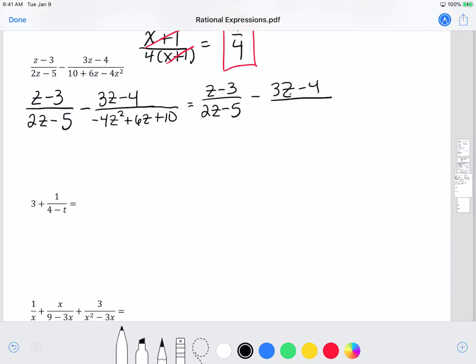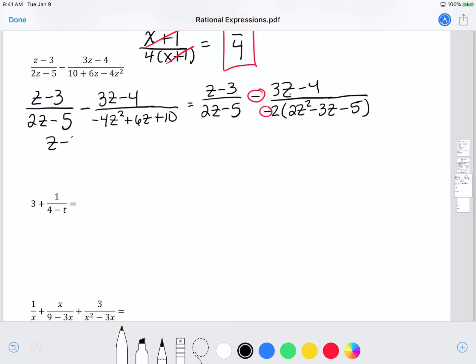I'm going to pull out actually a negative 2 because all terms have a negative 2 in common. And what I would have left is a positive 2z squared minus 3z minus 5. Now I'm subtracting and I have a negative here, so that turns it into a positive.